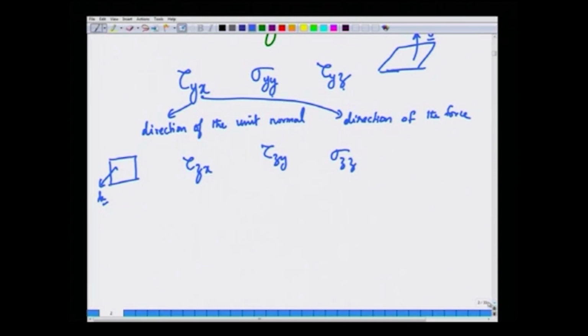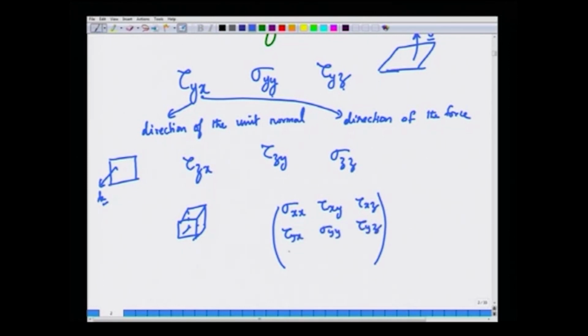So, as the control volume shrinks to a small point, the forces on this tiny cubic volume element can be summarized as an array of numbers: sigma x x, tau x y, tau x z, tau y x, sigma y y, tau y z, tau z x, tau z y, sigma z z.